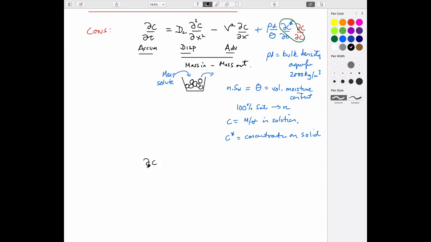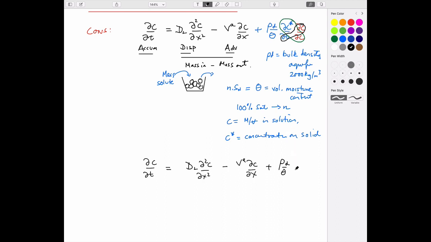a rate of change of concentration with time, which is equal to the dispersion term, second order partial with respect to x. X is down gradient. Advective velocity times the first order change in concentration with length, plus this term, which is some coefficients. I'm just going to rearrange it in terms of these two parameters here.